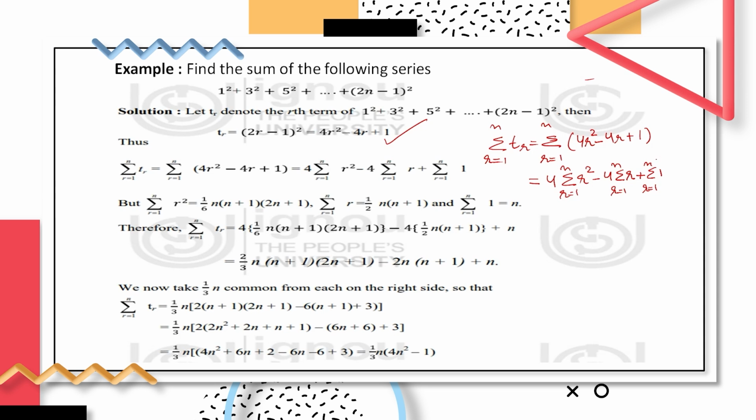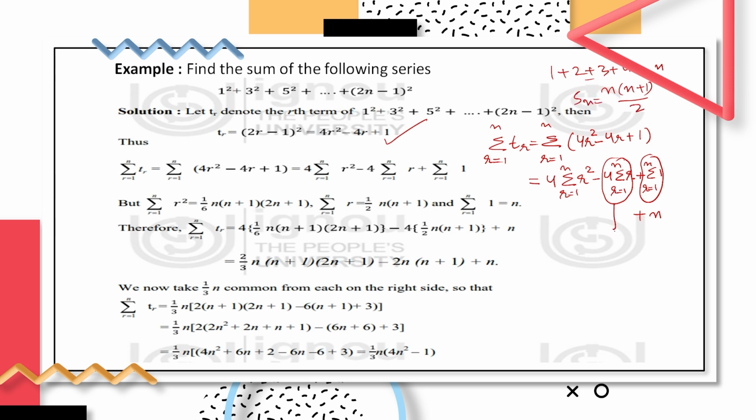Now, because we are adding 1 n times, this expression turns out to be simply n. What about this expression? Over here, single power terms are there. So, sum of 1 plus 2 plus 3 plus 4 up to n. The formula was n into n plus 1 by 2. Sum of n terms formula was this.